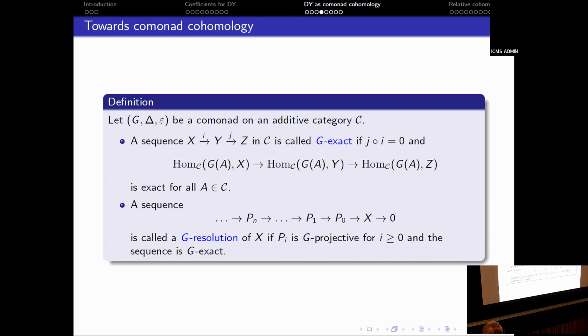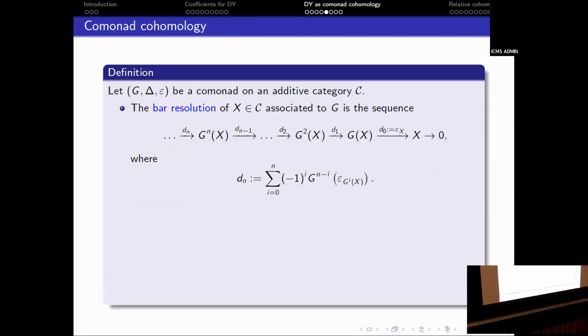So we take a projective resolution. We take G-projective objects, and the sequence should be exact. I should point out that G-projective is not exactly the same as projective, so we have to be a bit careful about this. But I'm not bothering you in the first talk of this morning with too many technical details. Okay, then you have a bar resolution.